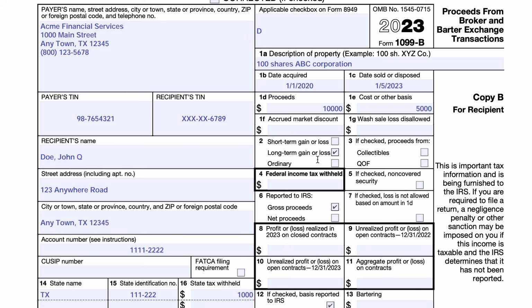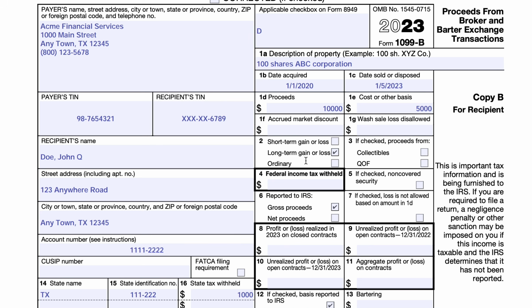In box 2, this indicates short-term, long-term gain or loss, or ordinary income item. So in this case, it's clearly a long-term gain or loss. It's reflected right here. And if it were reported as something different, if it were reported as ordinary, then that security may be subject to special tax rules.